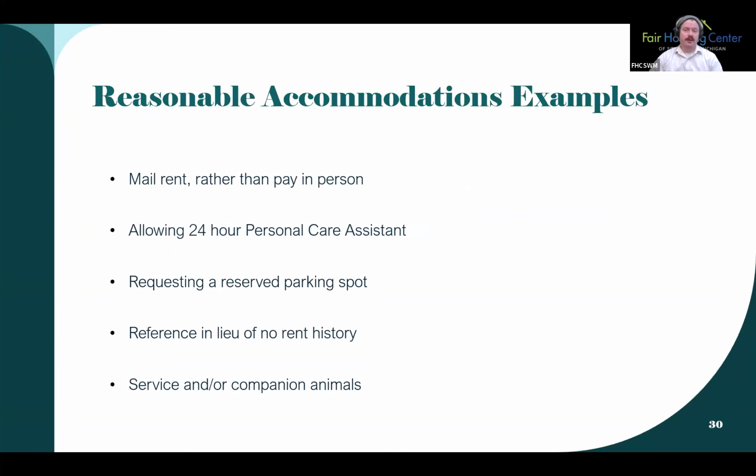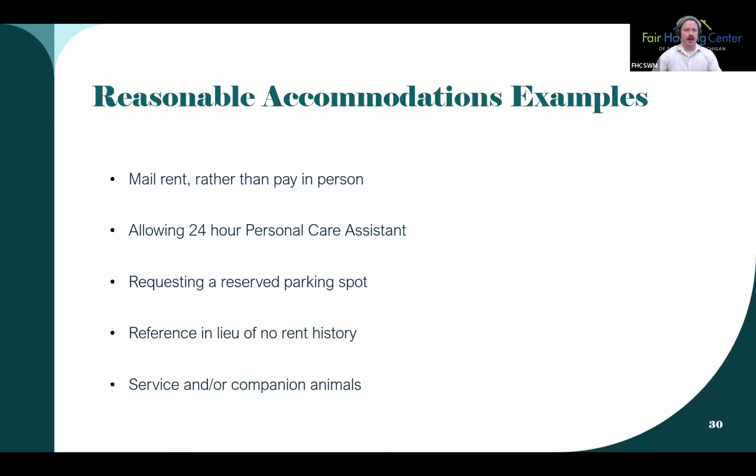In cases where a rental agreement doesn't allow overnight guests, it's reasonable to permit tenants with disabilities to have a 24-hour personal care assistant who lives with them if they need that care assistant. In most but not all places, that caregiver is not beholden to rent requirements as they're not a tenant but a worker.